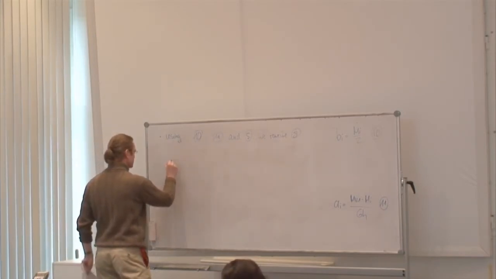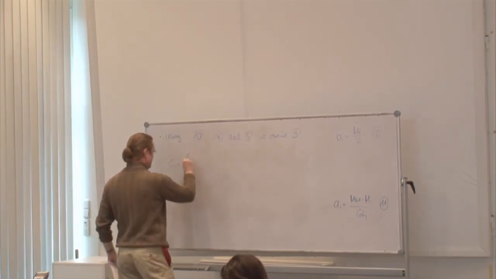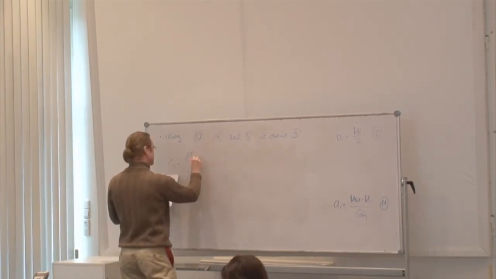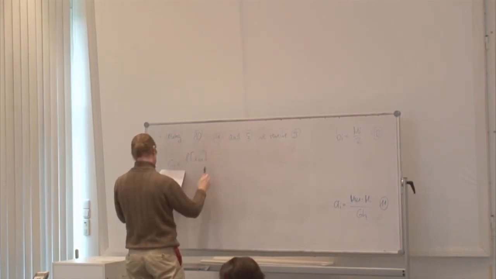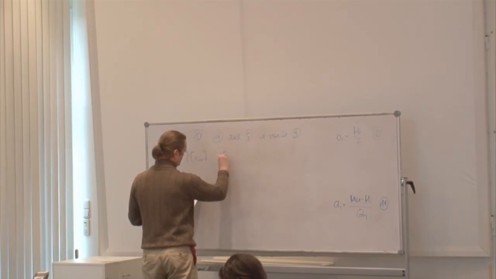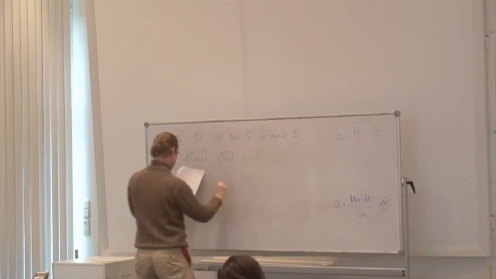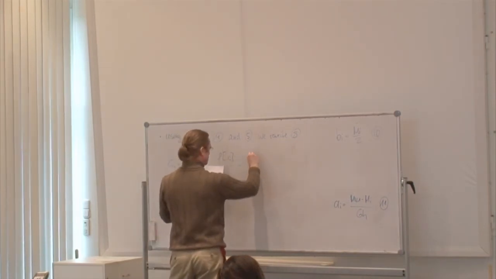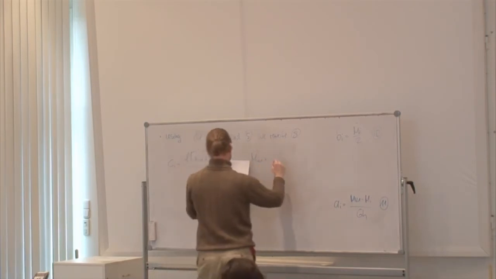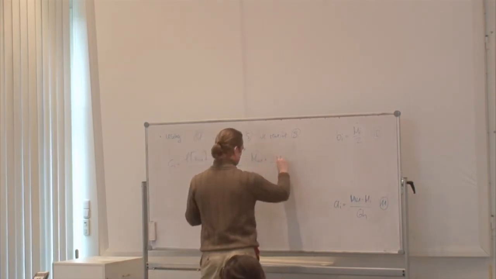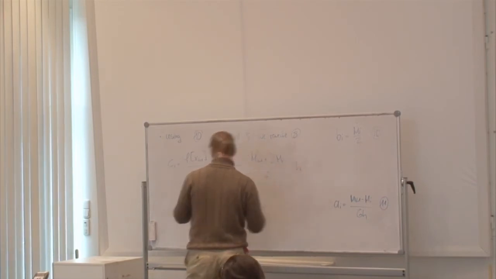gives us that ci can be expressed as f at xi plus 1 minus f at xi divided by h, minus mi plus 1 plus 2 mi divided by 6 times h.